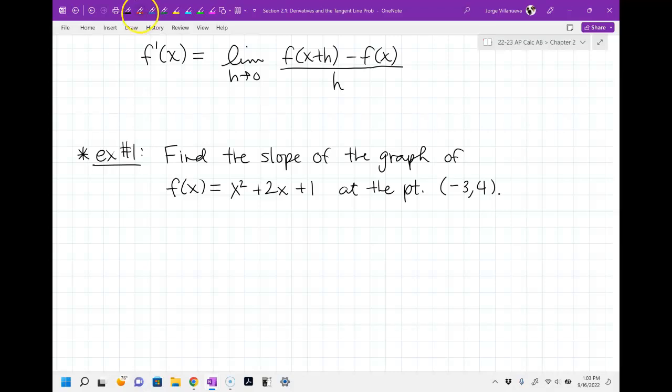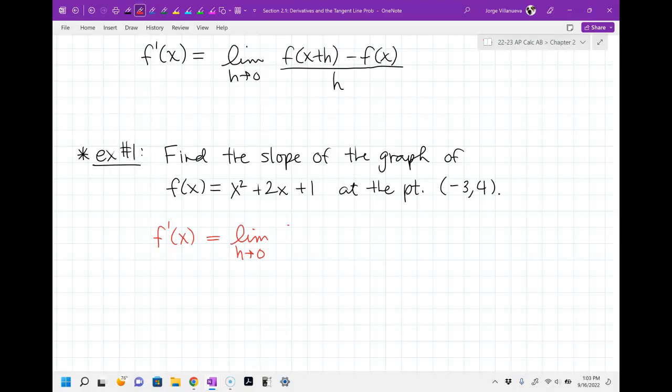If I'm going to take the derivative, I know f of x is equal to x squared plus 2x plus 1. If I take f prime of x, that's equal to the limit as h approaches 0. Now, f of x plus h means they want me to plug x plus h into my f of x function.